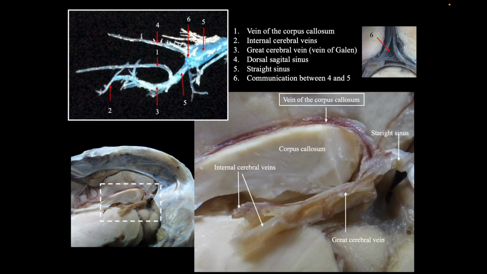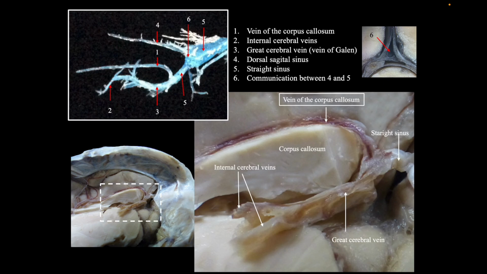These are joined by the dorsal sagittal sinus, and they form the communication between the dorsal sagittal sinus and the vein of Galen. This communication is shown in the image on the top right.